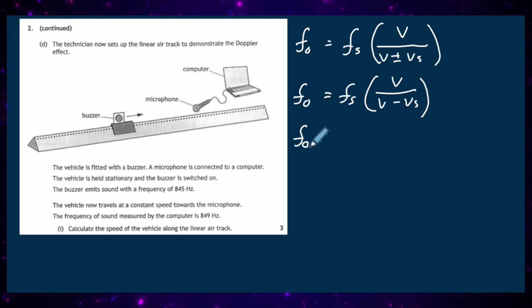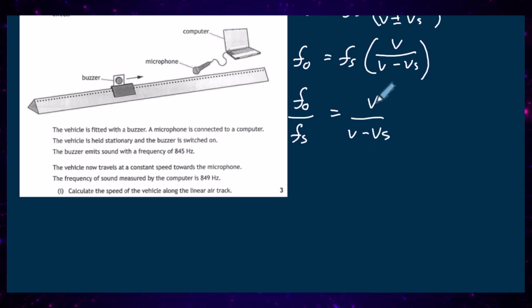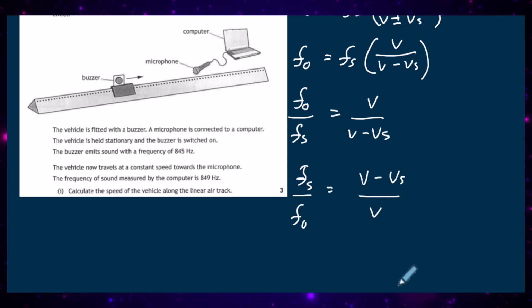We take the observed frequency f0, we divide each side by fs, and that's going to give us v over v minus the speed of the source. Remember, v is the speed of sound. Now a little trick here to get vs up on the top, to make it easier for manipulation: we swap the fraction round, fs divided by f0 is going to equal v minus vs over v.